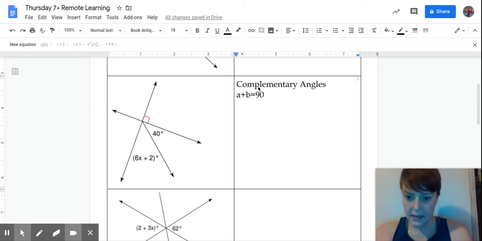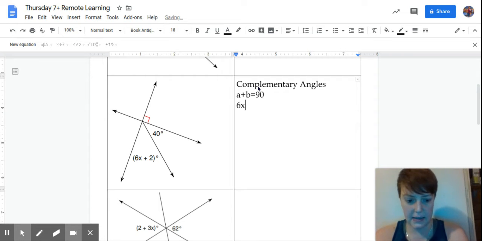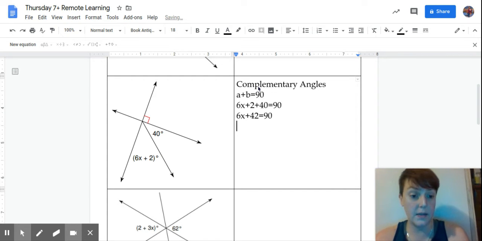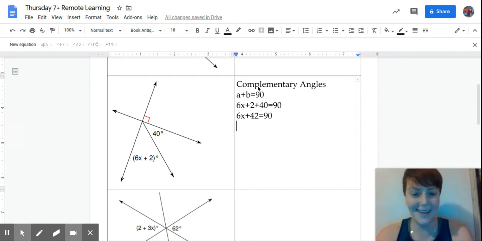And so that means that 6x plus 2 plus 40 degrees equals 90. And so that means that 6x plus 42 is 90. And then I'm going to subtract 42 from both sides.